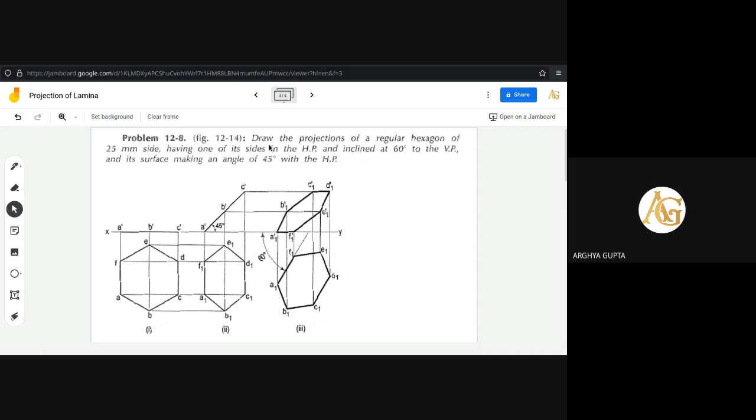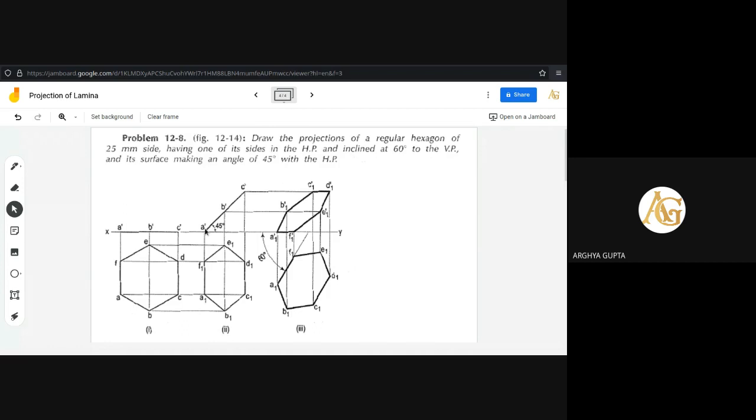So draw the projections of a regular hexagon of 25 mm side, having one of its sides in the HP and inclined at 60 degrees to the VP, and its surface making an angle of 45 degrees to the HP. So inclination with HP is given, inclination with VP is given as 60 degrees, and with HP also 45 degrees. So we have to make the simultaneous angle. But with simultaneous angles, this figure cannot be drawn at first.